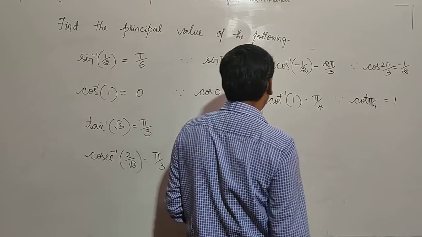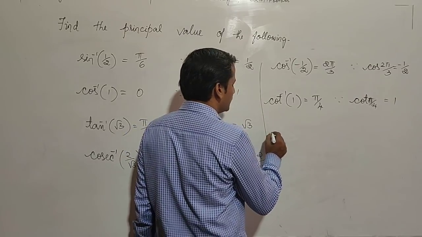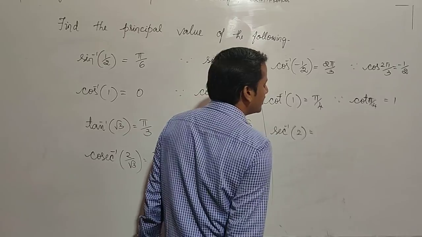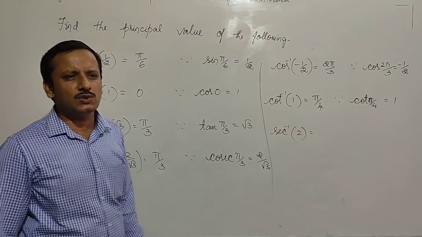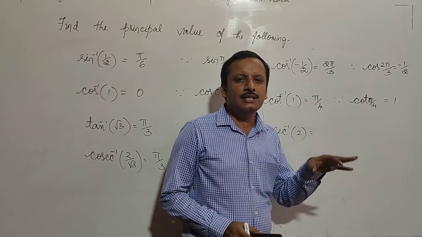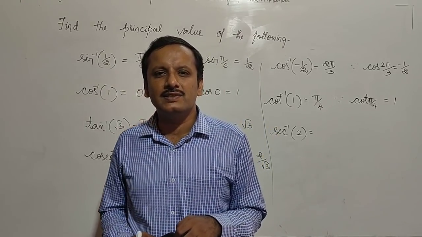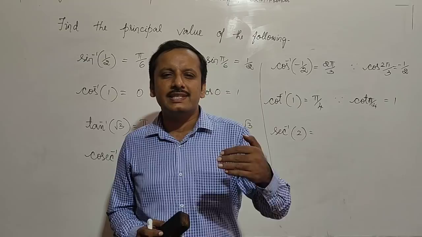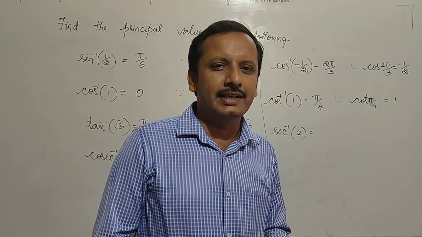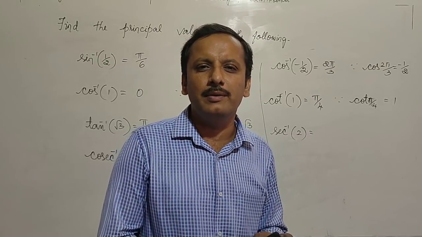Then another example I will choose, that is secant inverse of 2. So here we should identify an angle theta such that secant theta is equal to 2. When secant theta is equal to 2, immediately you can take its reciprocal, cos theta, which must be equal to 1 by 2.